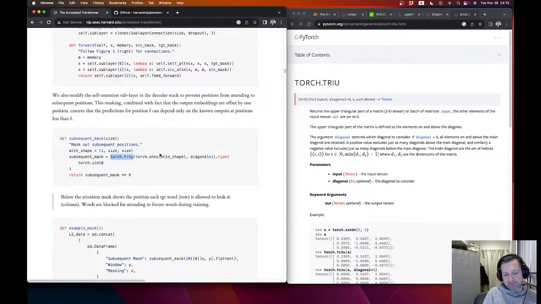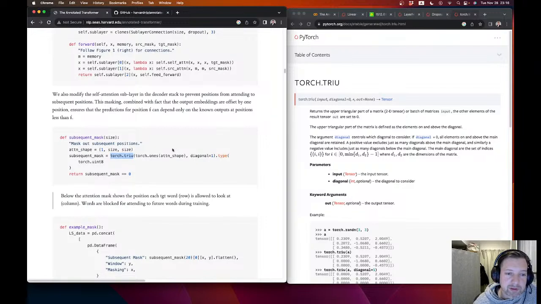So the current token is the central token, and then in the tensor that we're looking at, the upper triangular bit is the tokens that come beyond that, and the lower triangular bit is these other tokens that have come before that token.